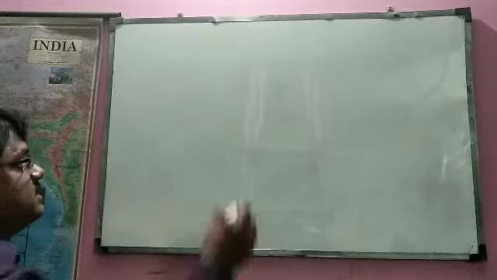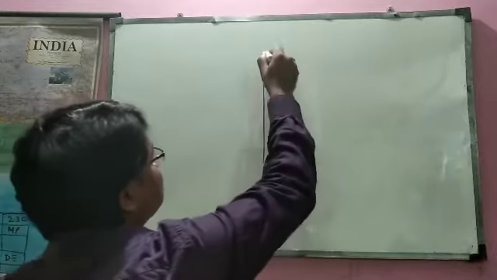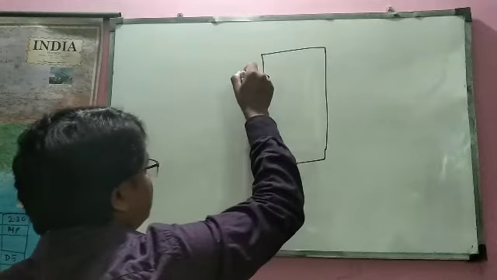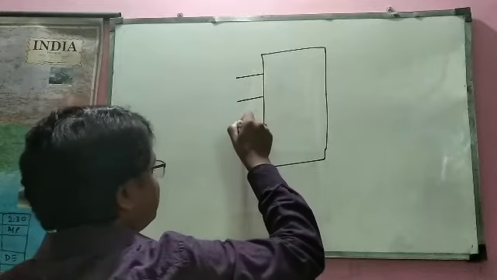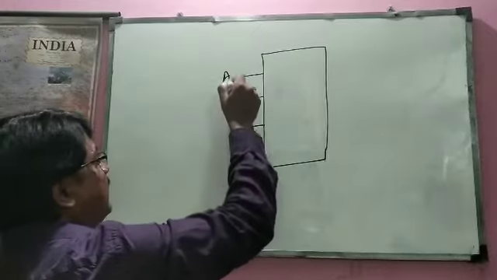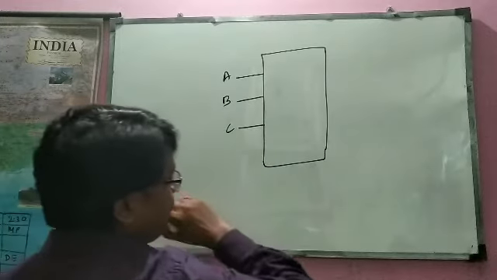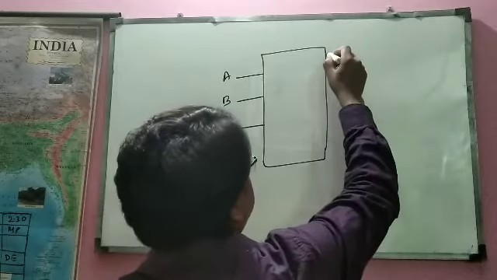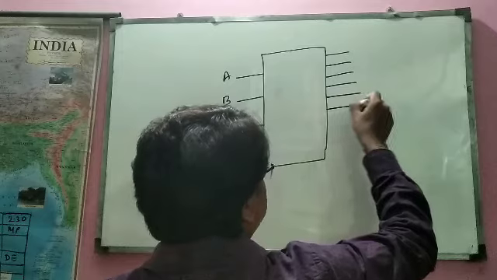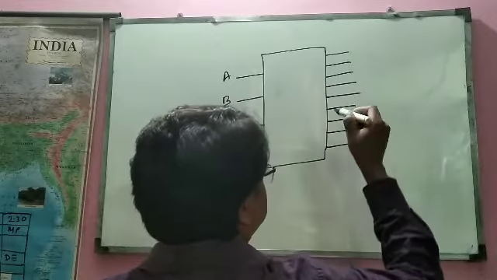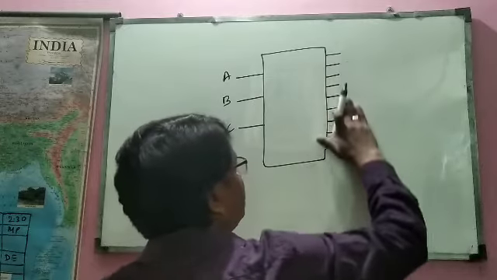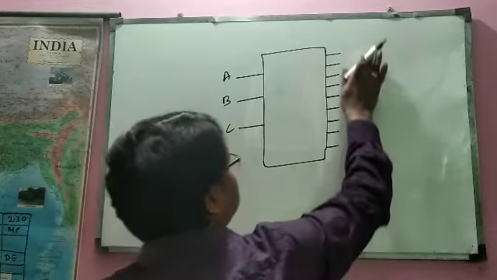So this is the 3:8 decoder. Here 3 inputs will be there, and let us suppose these inputs are A, B and C, and there will be 8 outputs. What will be the outputs? Tell me.